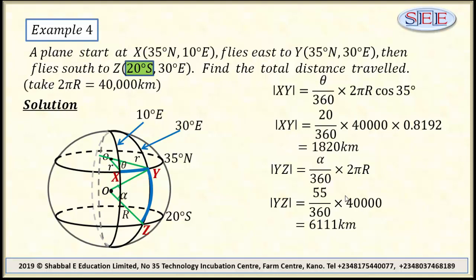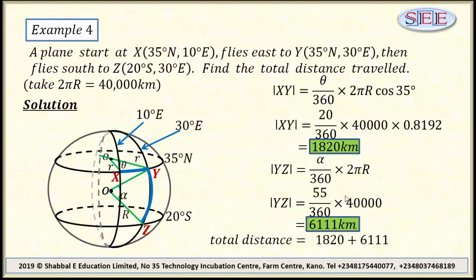So the two distances added together will give the total distance traveled by the plane. So we now add 1,820 plus 6,111 kilometers. That gives answer exactly 7,931 kilometers. That is the total distance traveled by the plane in these two separate journeys.